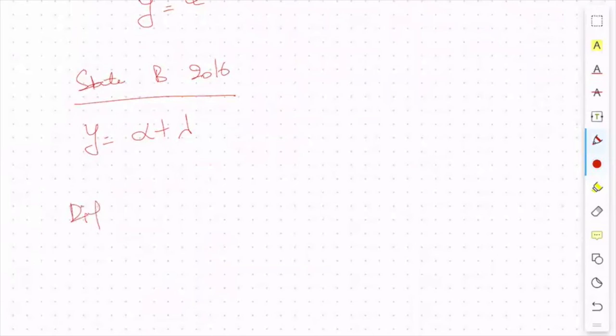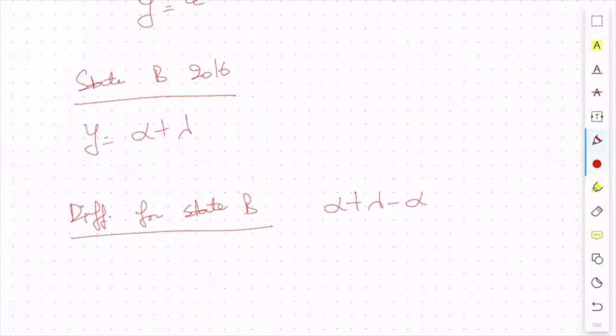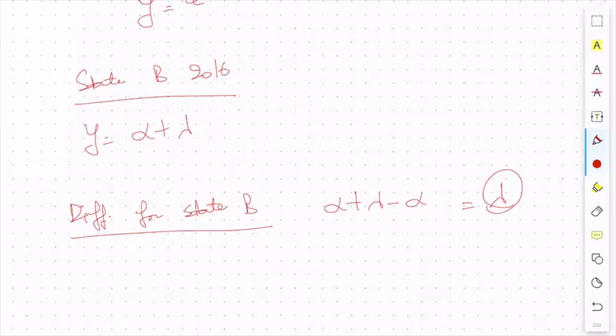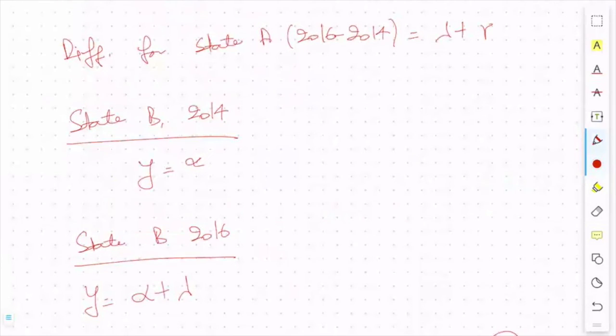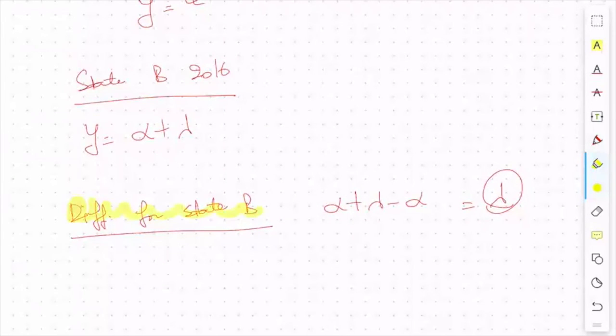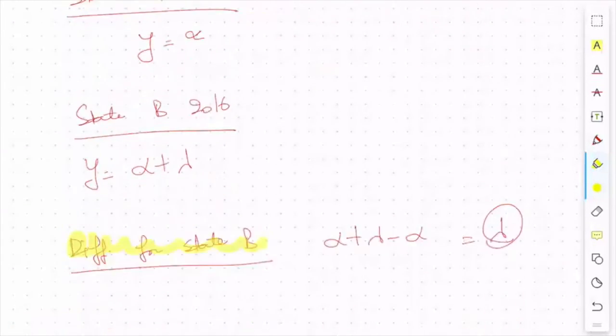Now what is the difference for state B? We have alpha plus lambda minus alpha, which is equal to lambda. So again, just a reminder, what do we do in difference in differences? We take the difference for state A, and we take the difference for state B, and we subtract the two.